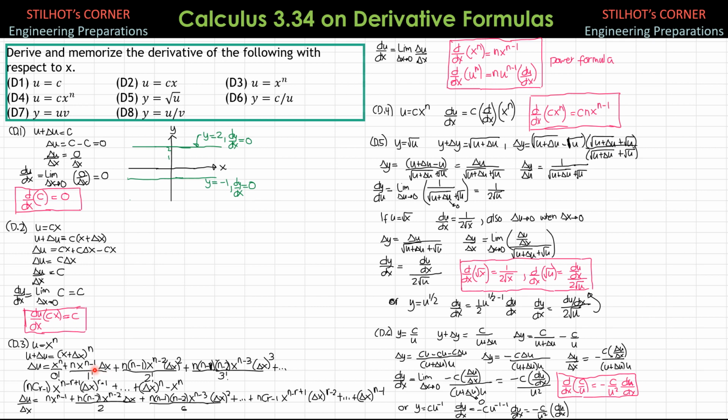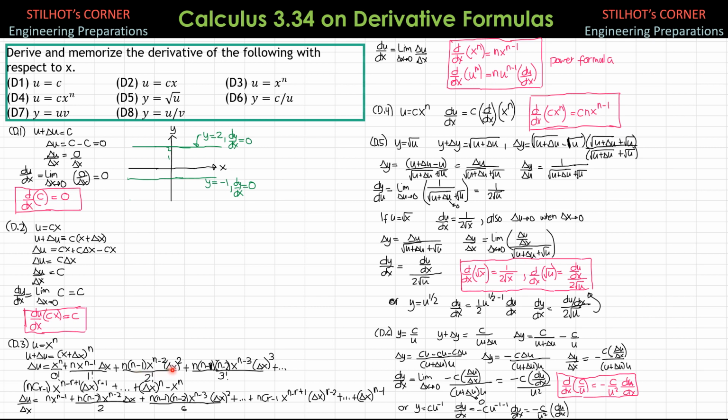Then whatever exponent is subtracted from n, the exponent of x, the first term, that would be the exponent of the second term. So delta x to the 1, because this is n minus 1. And whatever is the exponent of the second term, delta x, the whole term will be divided by the exponent of the second term, delta x, factorial. Then we have n times n minus 1, x to the n minus 2. You look at the pattern.